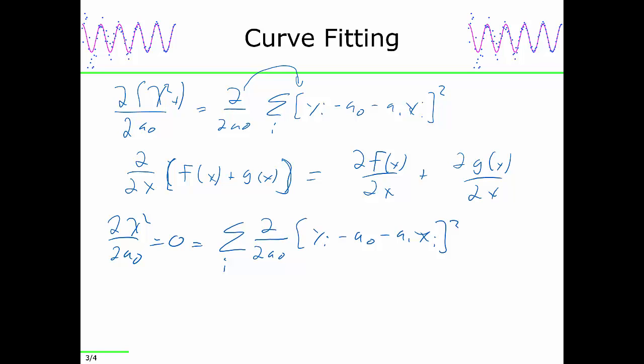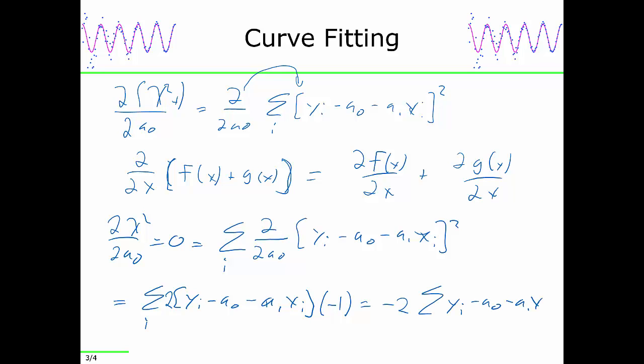So the derivative with respect to A0 is the summation over i of 2 times (yi minus A0 minus A1 x sub i), not squared anymore, times the negative 1, which is the term in front of A0. That equals negative 2 times the summation of (yi minus A0 minus A1 x sub i), equals 0.